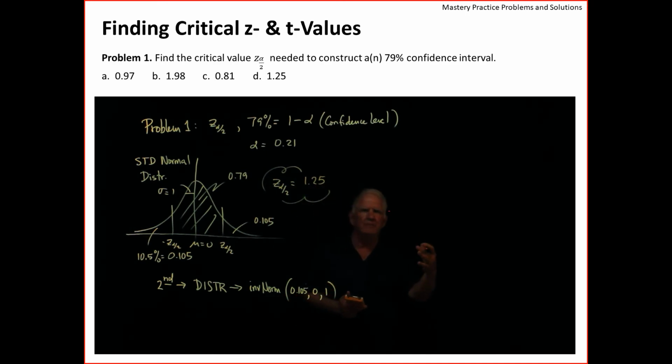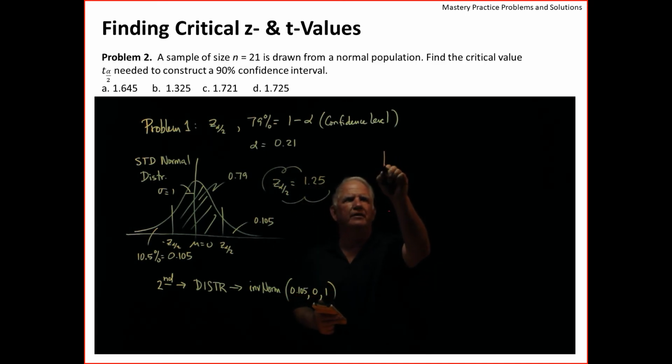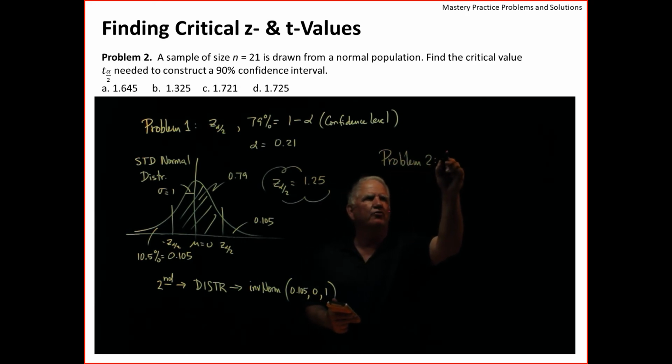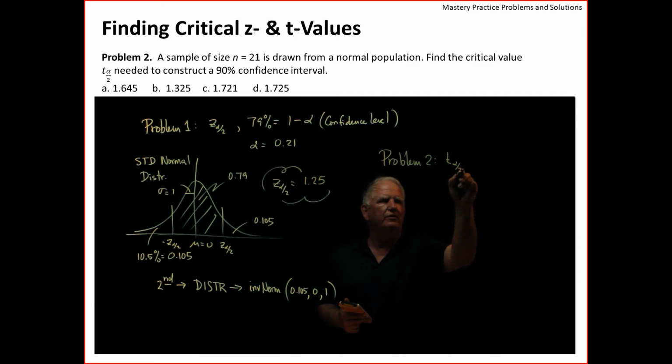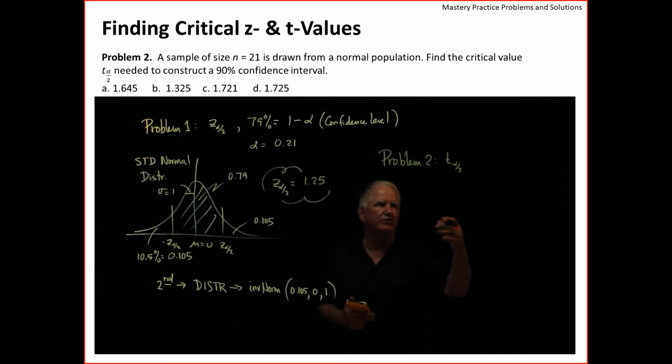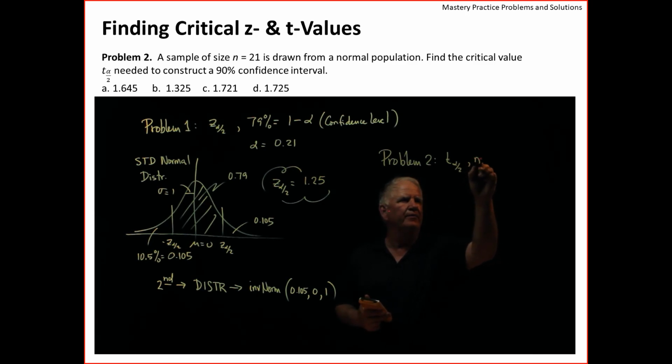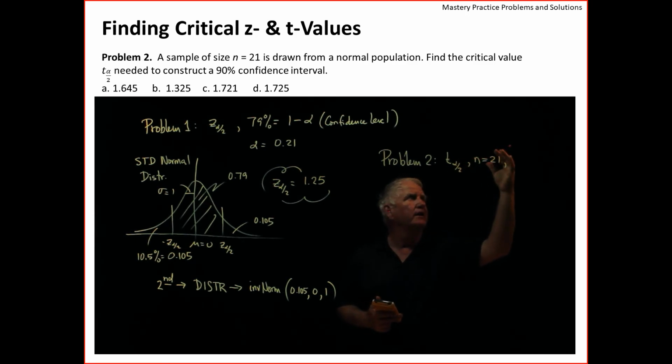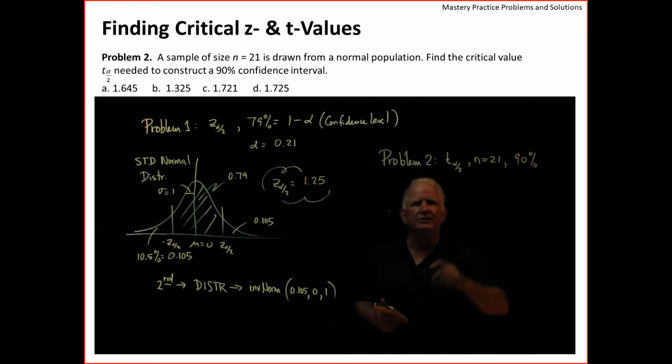Okay, without stopping, let's go do problem 2 here. Problem 2 looks for a t alpha over 2. Therefore, we're going to associate ourselves with the student t distribution. And that's for the case where the sample size is 21 and the confidence level is 90%.